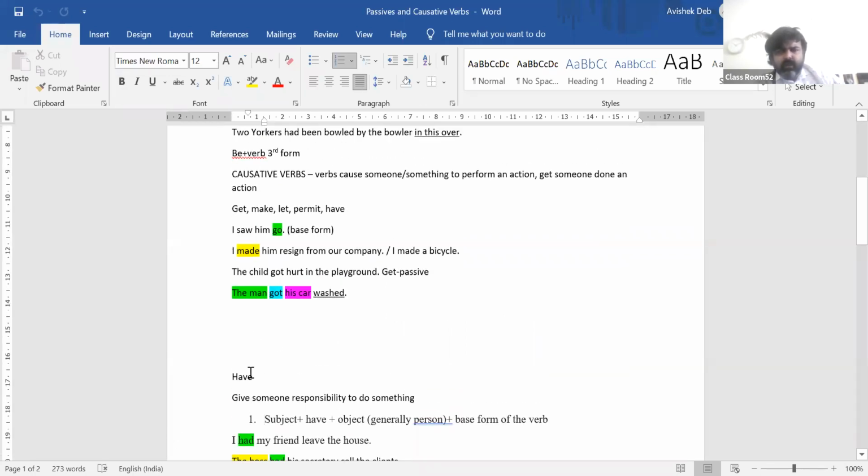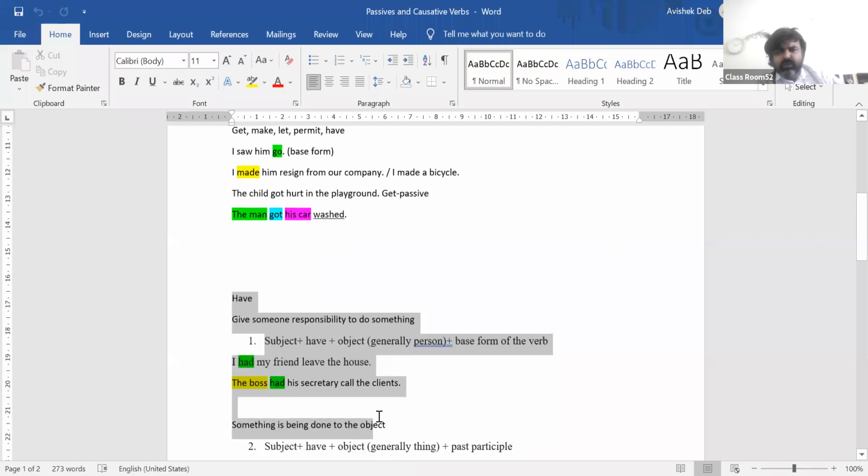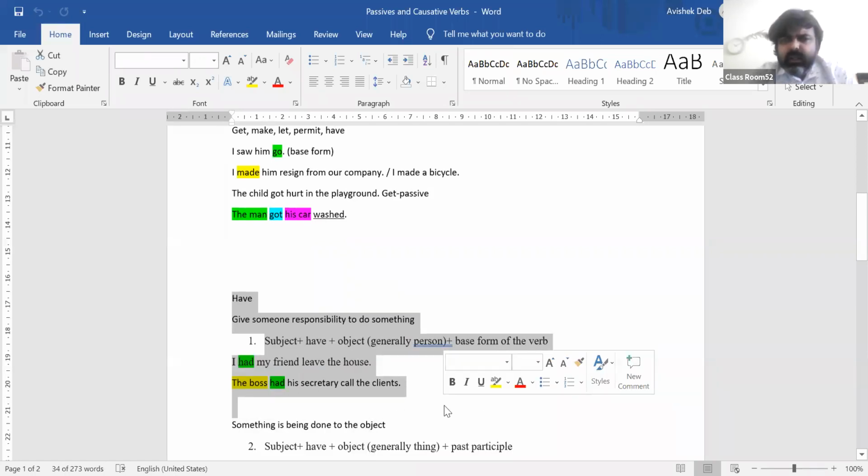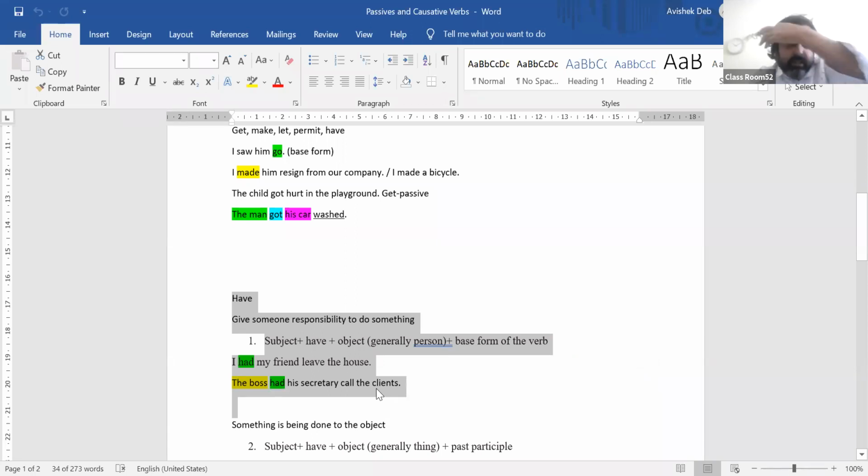Here, as you can see, at the bottom of the page, one is being entrusted with responsibility to do something for the subject. So the object is given some responsibility to perform for the subject.